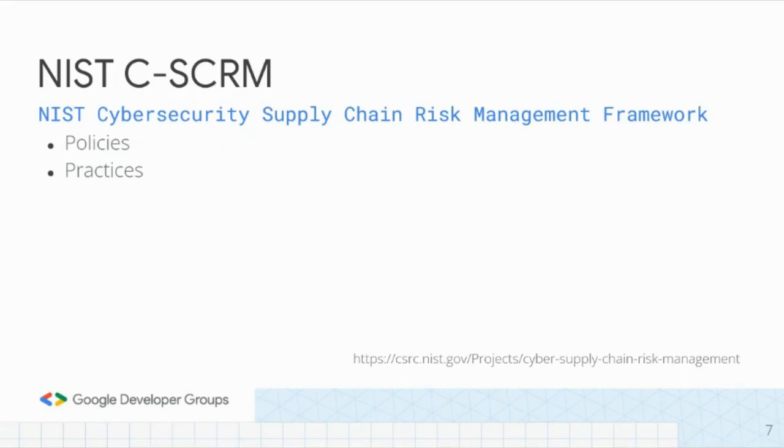I just wanted to mention this. I don't want to expand on this topic because it needs its own talk to go into the details. But feel free to check this link.